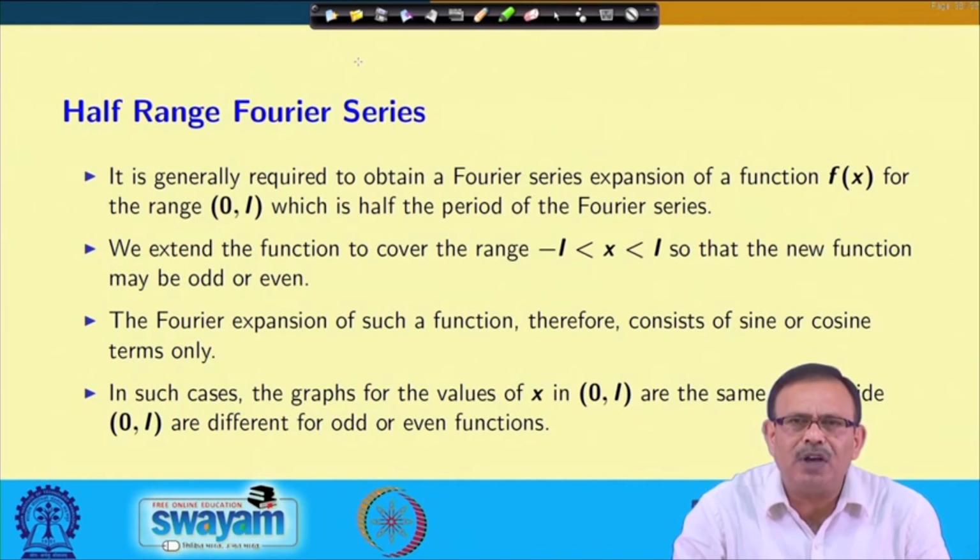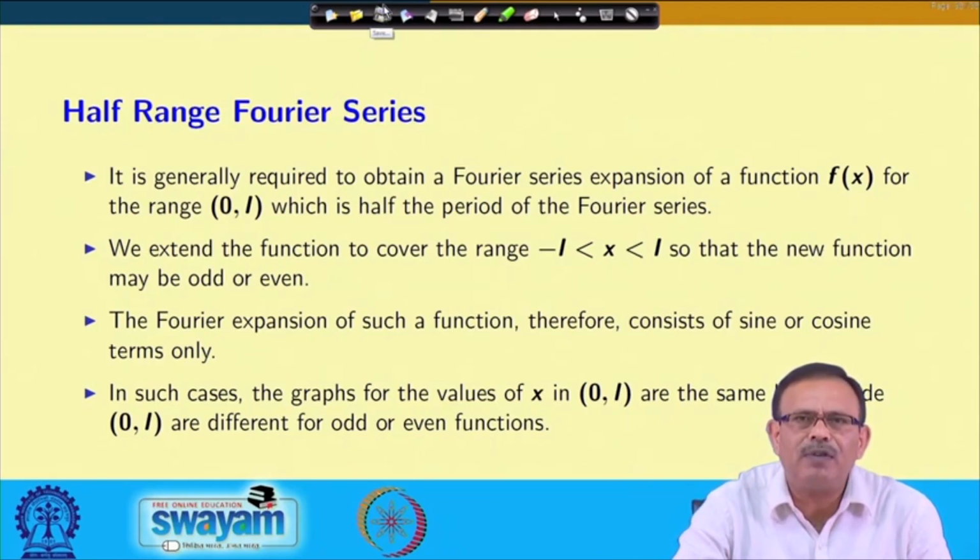And once the function f x is defined in minus L to L, I can always express f x as a Fourier series. Now, the nature of the function will remain the same in 0 to L, but in 0 to minus L the graph of the function will vary depending upon whether it has been treated as an odd function or as an even function.